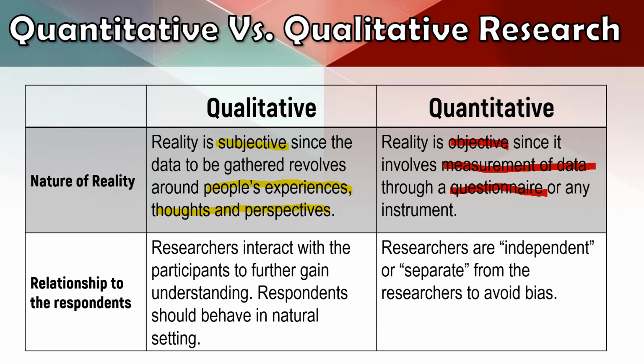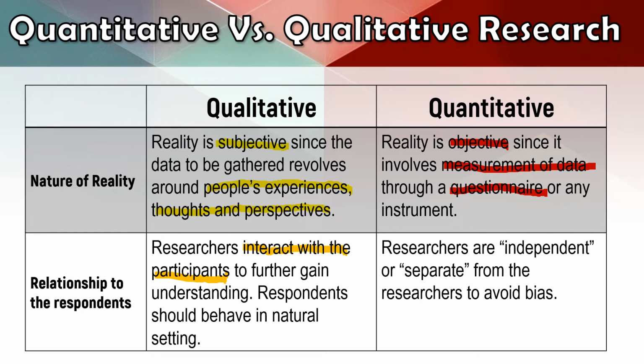Okay? Next, relationship to the respondents. When it comes to relationship to the respondents, how do qualitative and quantitative research differ? For qualitative, researchers interact with the participants. When we say interact, we talk to the respondents. We connect with the respondents.